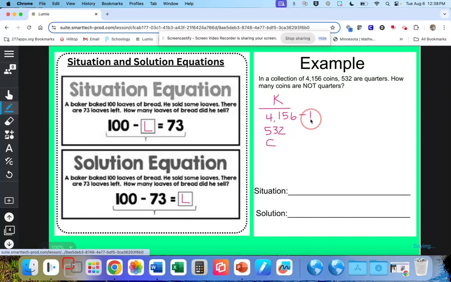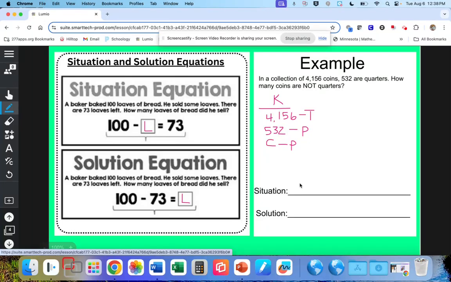So I know that this is my total amount of coins. This is how many parts I have of just quarters. And this will be how many parts of coins are remaining. So if I wanted to write an equation that included C within the problem, I could do 2 different ways.